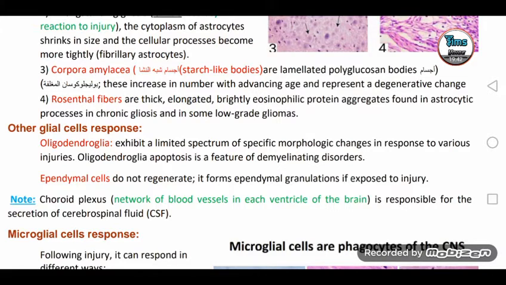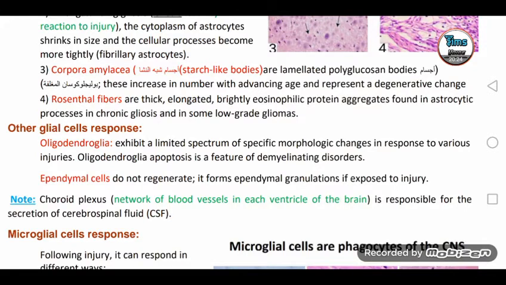So whenever you see oligodendroglia apoptosis, when this cell is undergoing self-suicide, this is a change that can lead to realizing that this patient has a demyelinating disorder, because these oligodendroglia are responsible for making the myelin sheath in the central nervous system. So whenever you observe them undergoing apoptosis, this is a feature of demyelinating disorders.